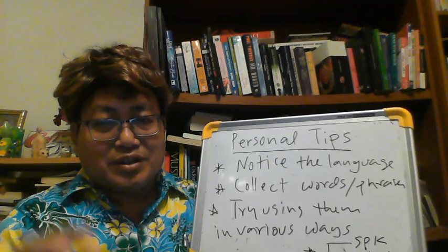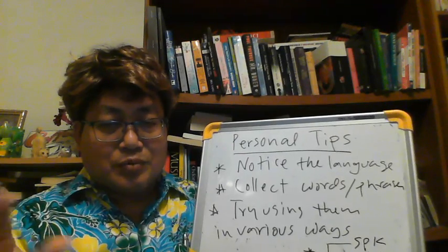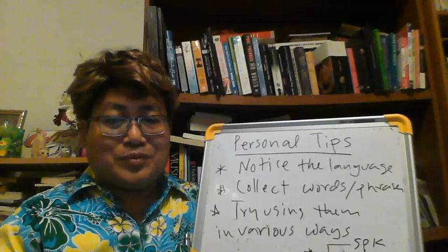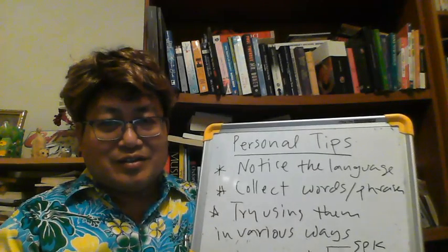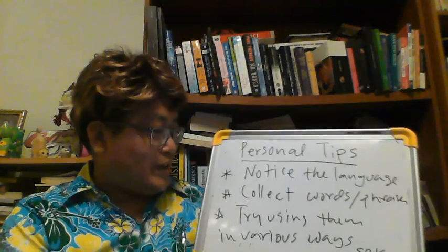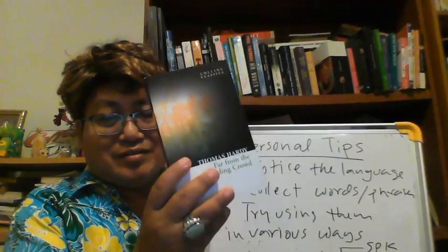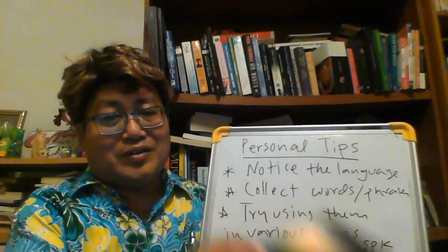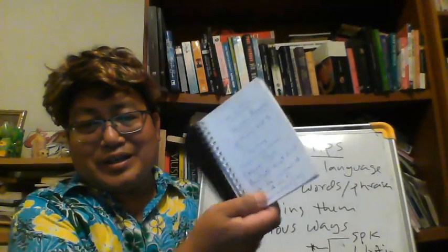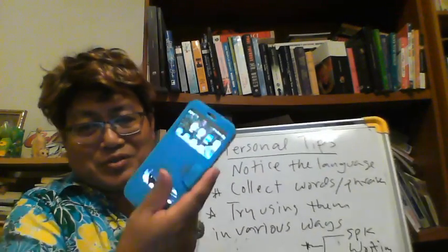You notice the use, you notice how words are put together. You can take a photo of advertisements, notices, or any signs in public. Or you can collect your favorite quotations or lines from books, and you can have a small notebook like this to jot them down, or you can use your smartphone to do it.